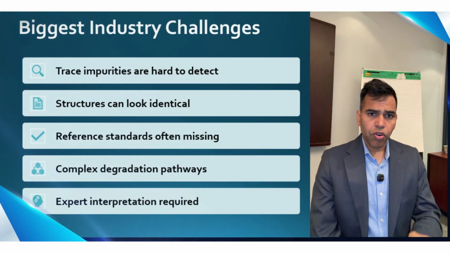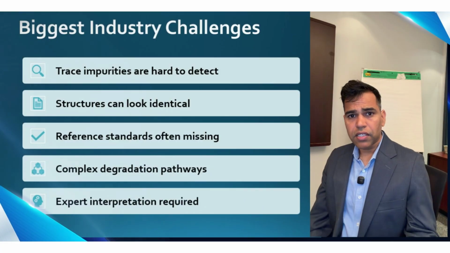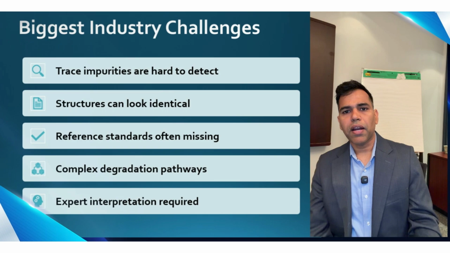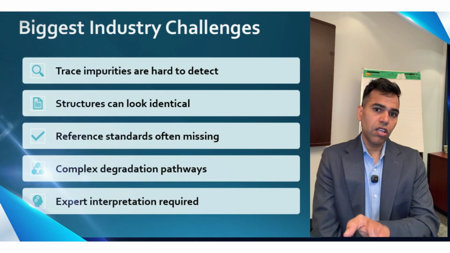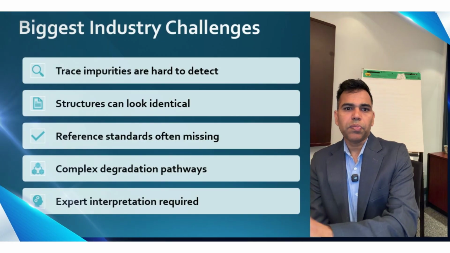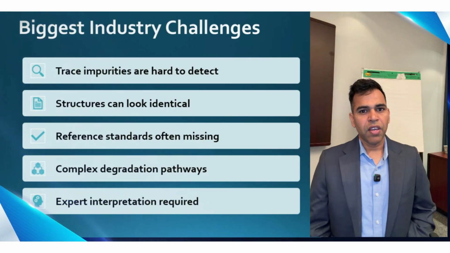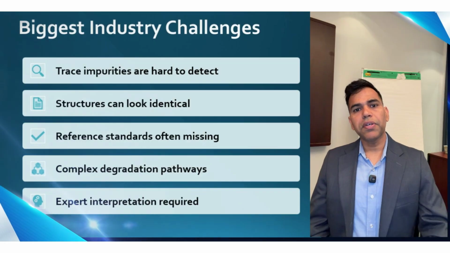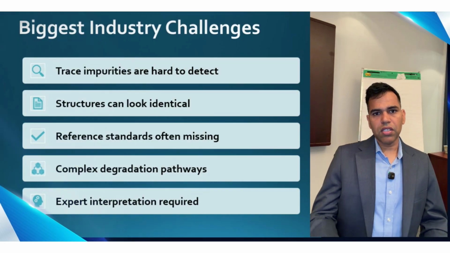Reference standards for conjugate-specific impurities rarely exist commercially, which means your analytical partner must be capable of structure elucidation from first principles rather than relying on a spectral library match. Complex degradation pathways require interpretive expertise, not just instrument time.